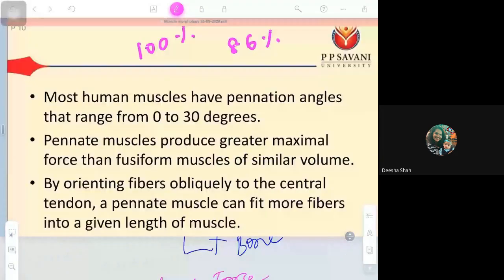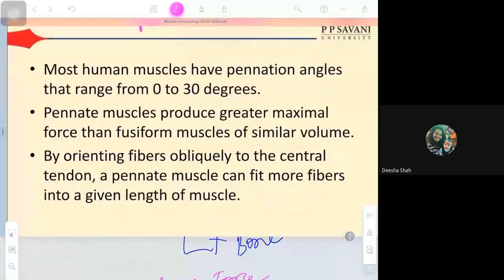In the human body, most muscles have a pennation angle ranging from 0 to 30 degrees, that is 1, 2, 3, 4, 5 up to 30 degrees.